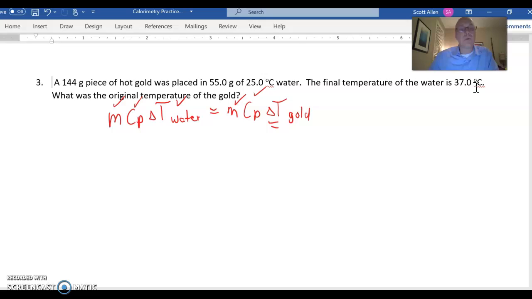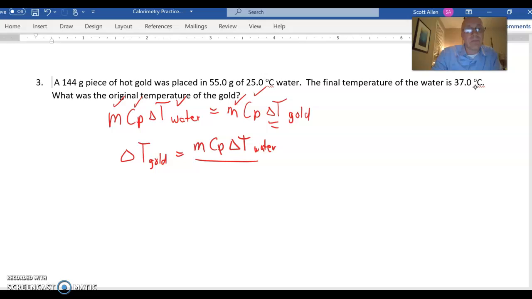All right, so let's rearrange this, and we can say that the delta T of the gold is going to be m Cp delta T of the water over top of m Cp of the gold.